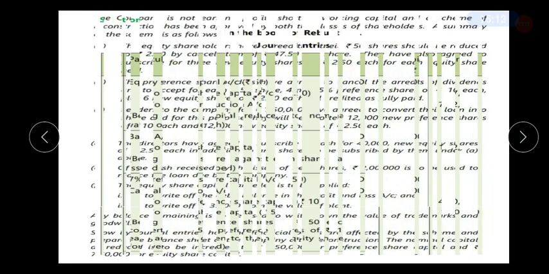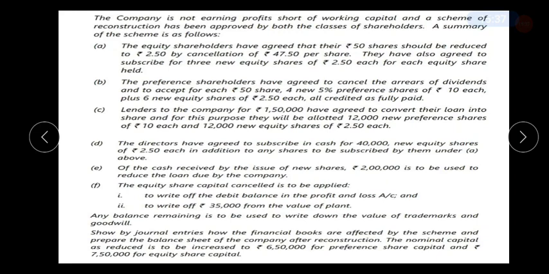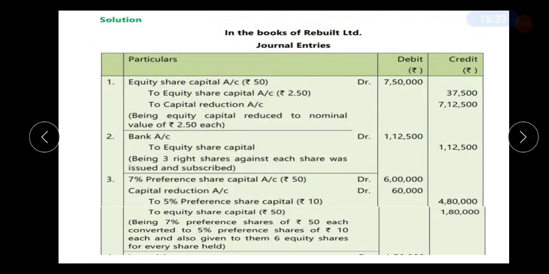If you look at the balance sheet, we had 15,000 equity shares of rupees 50 each, that is 7,50,000 equity share capital. These equity shares are being cancelled now because their face value is changed. So we are cancelling these equity shares and introducing new equity shares.